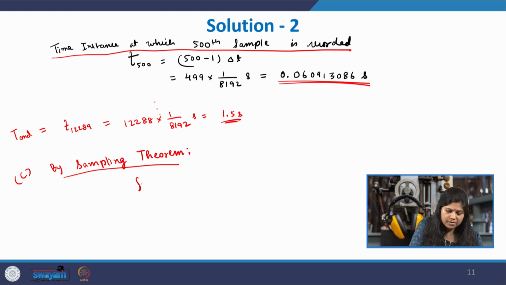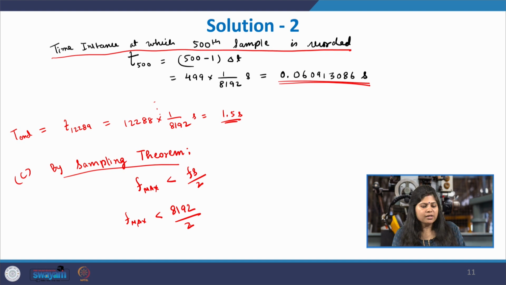Whatever is the maximum frequency that we need to register accurately, it should be smaller than Fs by 2, the Nyquist frequency, which means that the maximum frequency that we can record accurately has to be smaller than 8192 by 2.